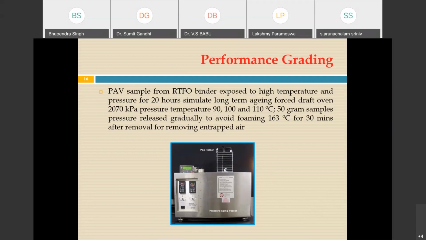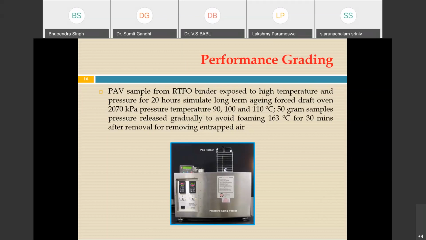In order to simulate that, the pressure aging vessel test is also performed on the binder samples. For performing the PAV test, first we perform the short-term aging with the help of the RTFO test, and then we take out the sample and put it into the PAV. Since we have to conduct the test in an accelerated manner, we increase the temperature and pressure to simulate the long-term aging in a short duration.